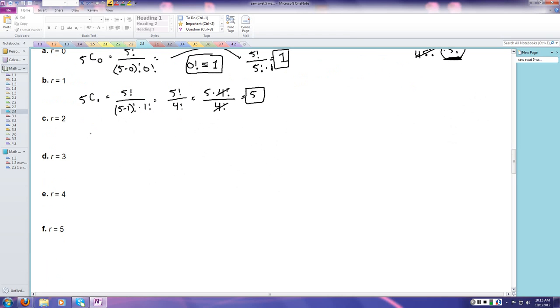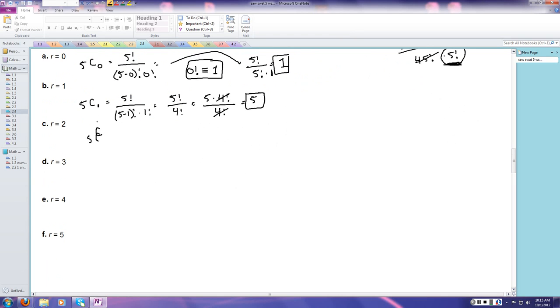Just to finish this out, 5 choose 2. So I have a 5 factorial on top, a 5 minus 2 factorial on bottom, times a 2 factorial. So I have 5 factorial over 3 factorial times 2 factorial, which would be 5 times 4 times 3 factorial over 3 factorial times 2 factorial.